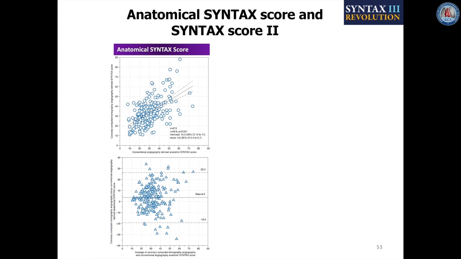As you can see, the coefficient of correlation is reasonable, 0.59 with a p-value of 0.001, but there is an intercept and the slope is not equal to 1. It's a reasonable biological relationship, but not exceptional.